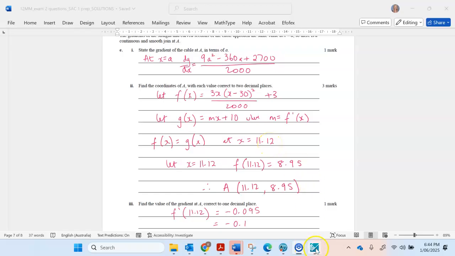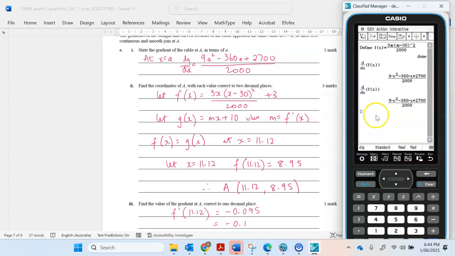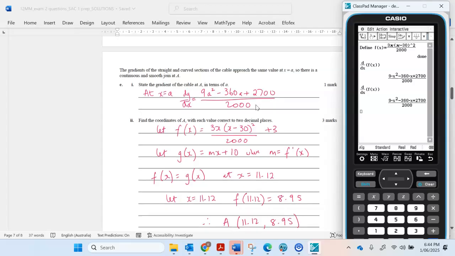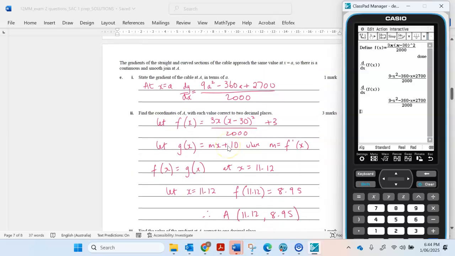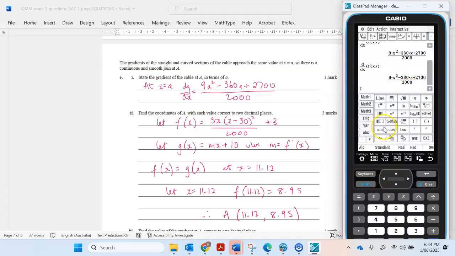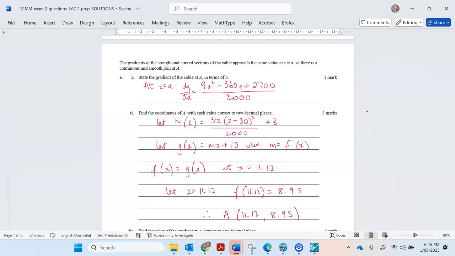So I might just show you on the calculator. Sorry, I'm doing all this work and you're probably thinking, what is she doing? We've moved on, haven't we? No, it's still the same question. So we've defined f of x, which was the hill. I've got a different hx. Maybe I should change this from fx to hx to make it more straightforward.